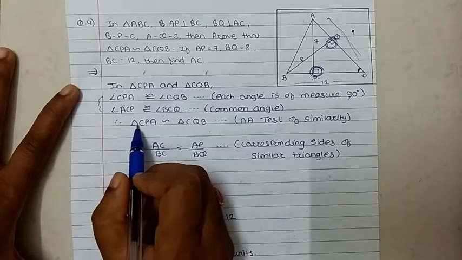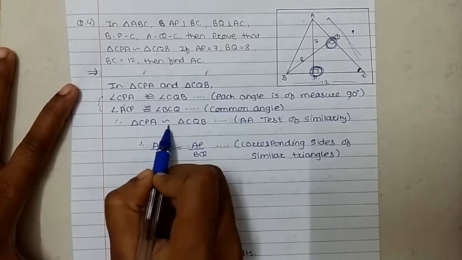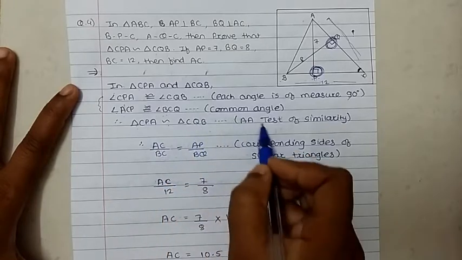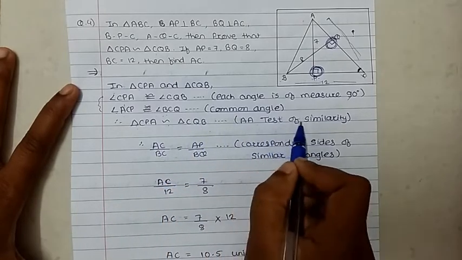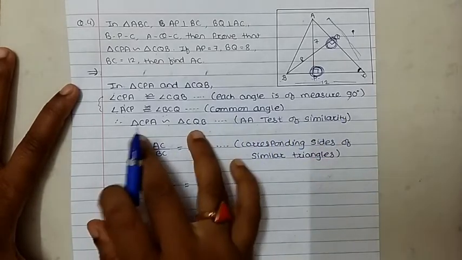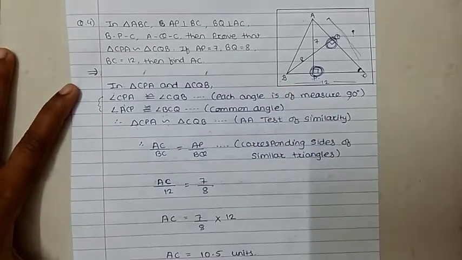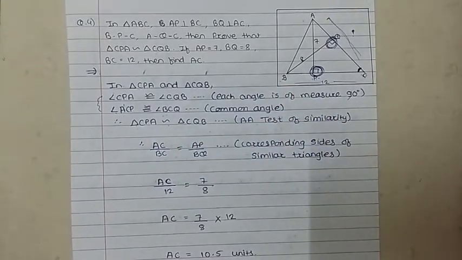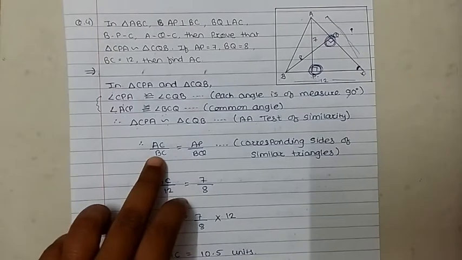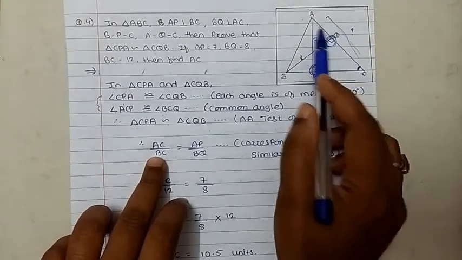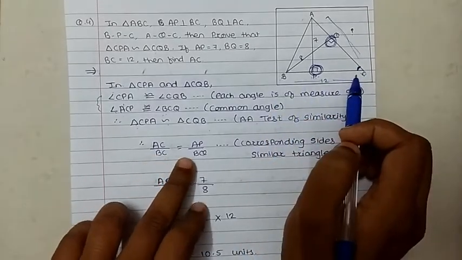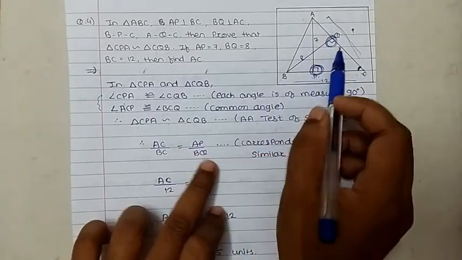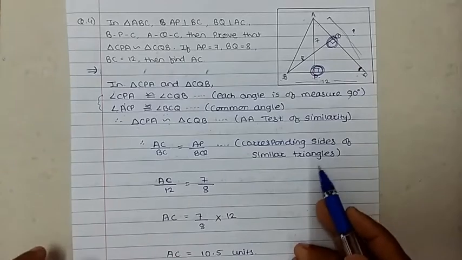Therefore, triangle CPA is similar to triangle CQB by using the AA test of similarity. When these two triangles are similar, their corresponding sides are in the same proportion. That means AC divided by BC is equal to AP divided by BQ, corresponding sides of the similar triangles.